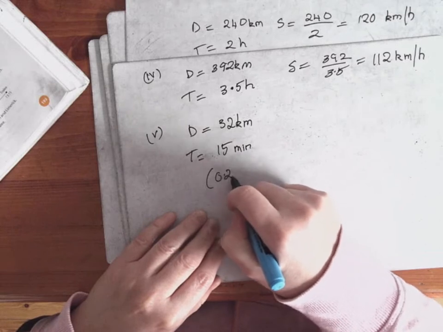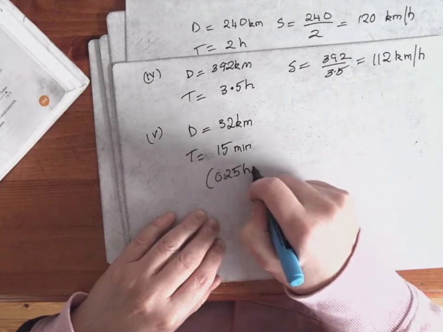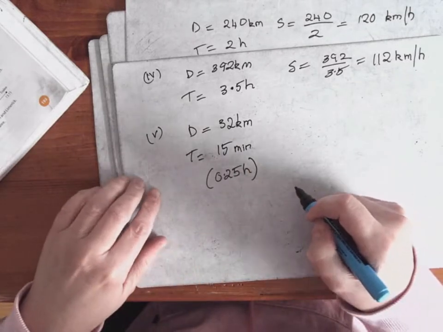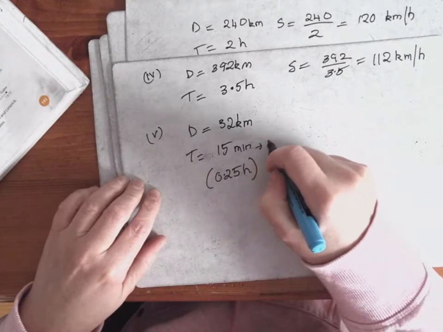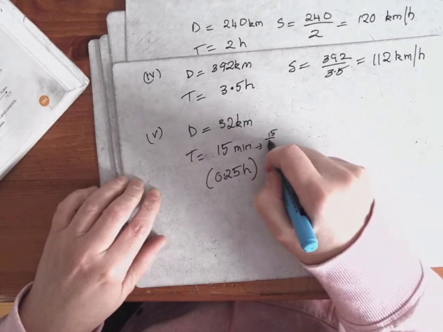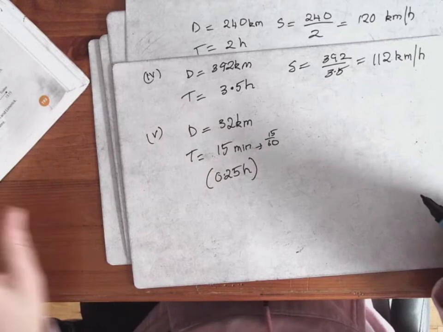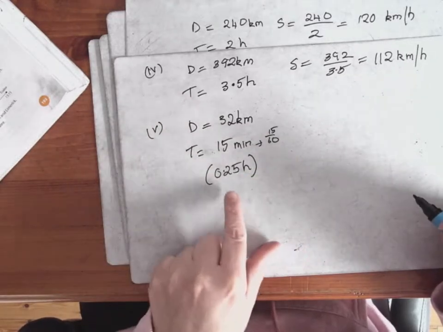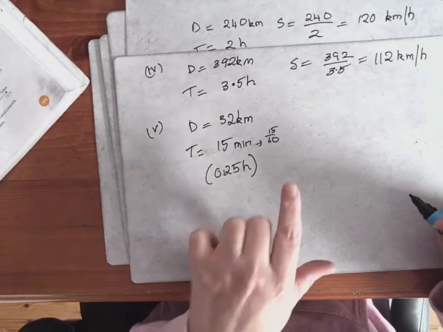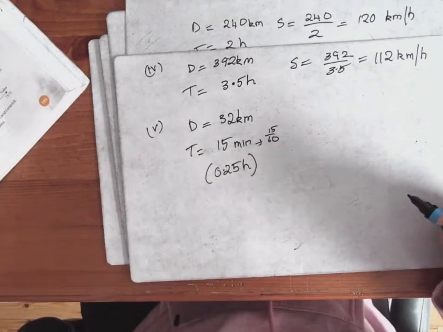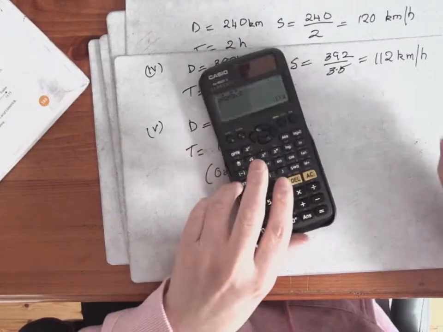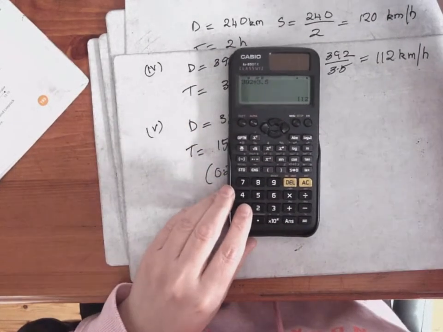But just say you didn't, there's a couple of ways to do it. You can put it over 15 over 60, which into the calculator will give you 0.25, because it's 15 minutes out of 60 minutes. Or I want to show you this button on the calculator.